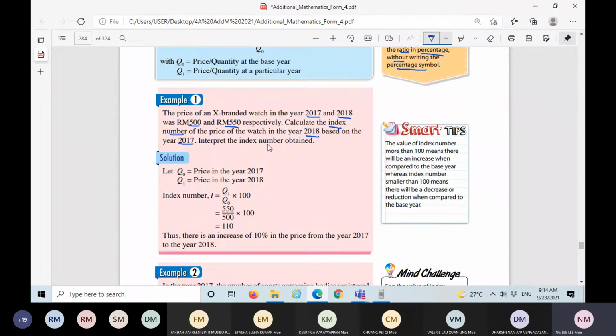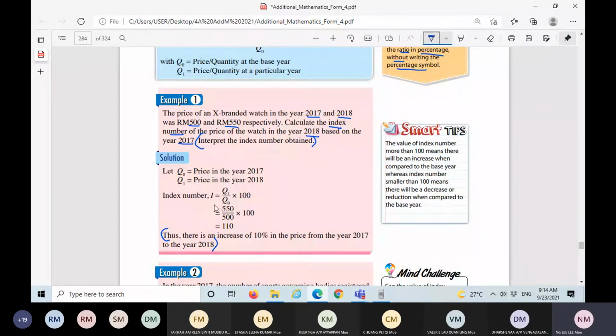Interpret the index number. Interpret means you have to explain it. How do you explain? If you get 110, what is the meaning? This is why I say you have to understand the index number.